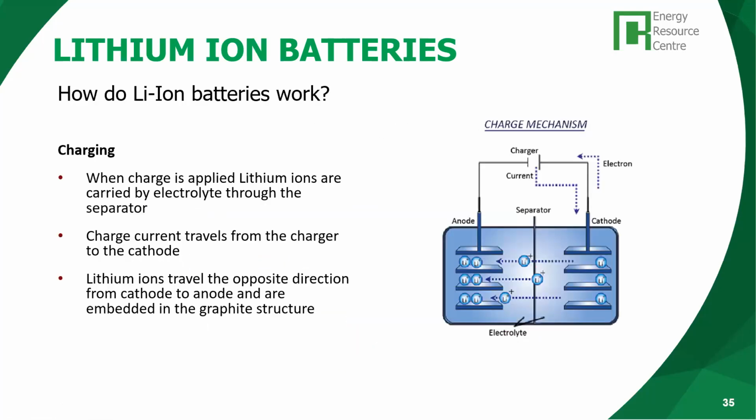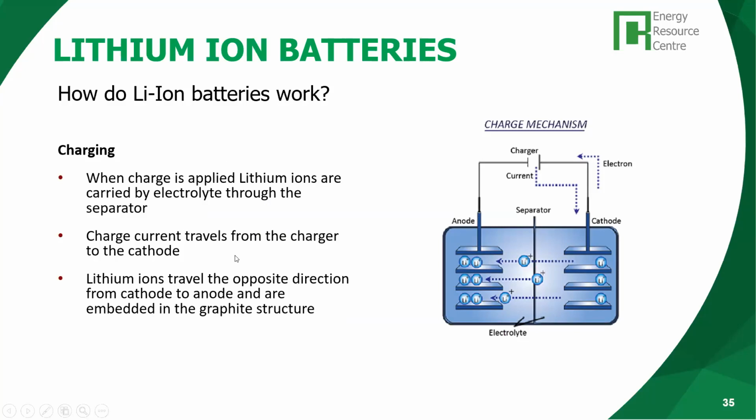How does it work? Similarly to lead acid, we have the anode and the cathode, and there's an electrolyte, but in this case, the lithium ions are traveling through the separator, and that separator is a membrane. It's not really an insulating material like we had in lead acid batteries separating different cells.